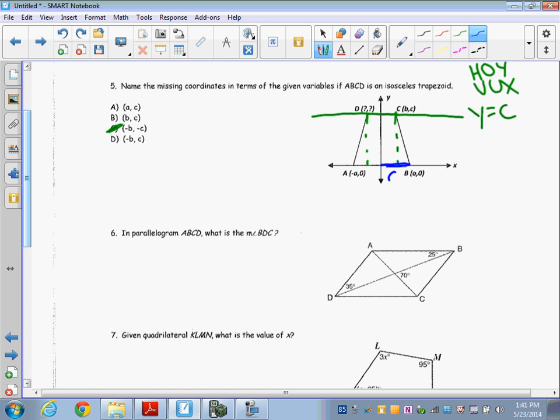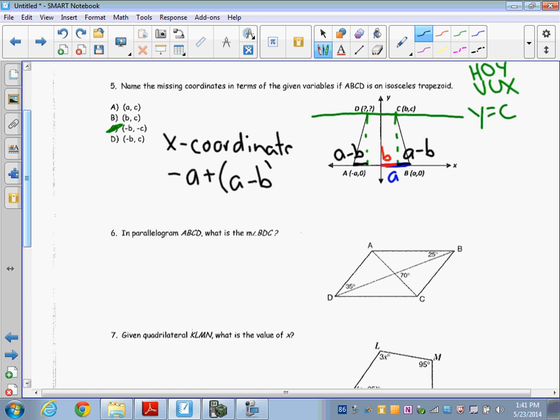Right here, this length is A, and when we're doing red, that length is B. So that means this black length here has to be A minus B. To find the x coordinate, I have to take negative A and add A minus B. So I'm adding that much, I'm moving to the right that much.